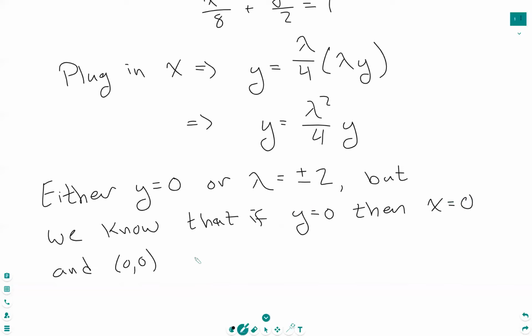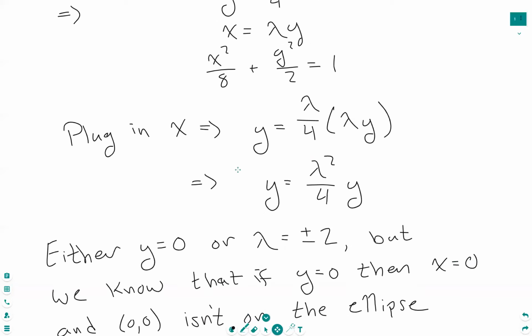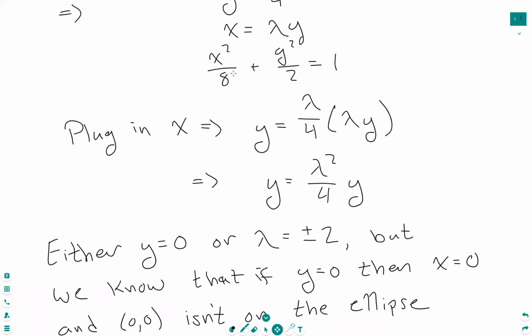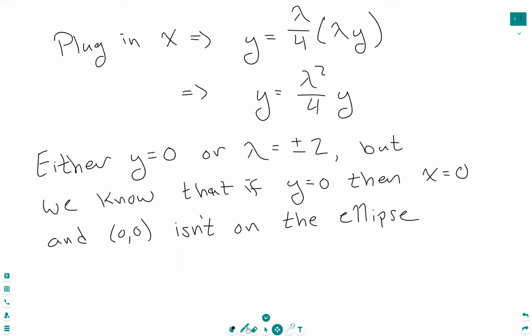But the origin isn't on the ellipse. So it fails our third equation, right? If we plug in 0, 0, we don't get 1, right? So 0, 0 is not on the ellipse. So that rules out this case. So we can say, nope, it's not y is equal to 0.